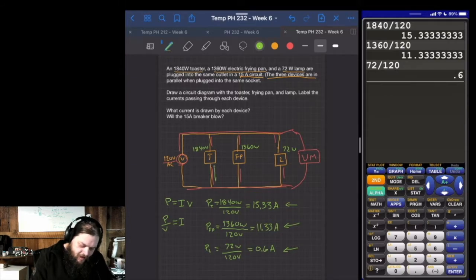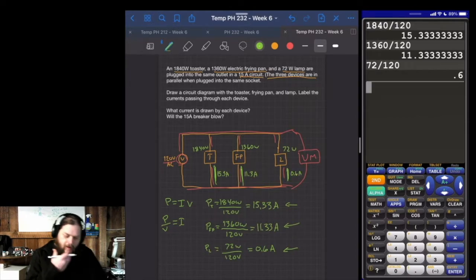The toaster has 15.3 amps going through it. The frying pan has 11.3 amps going through it. And the lamp has 0.6 amps going through there.